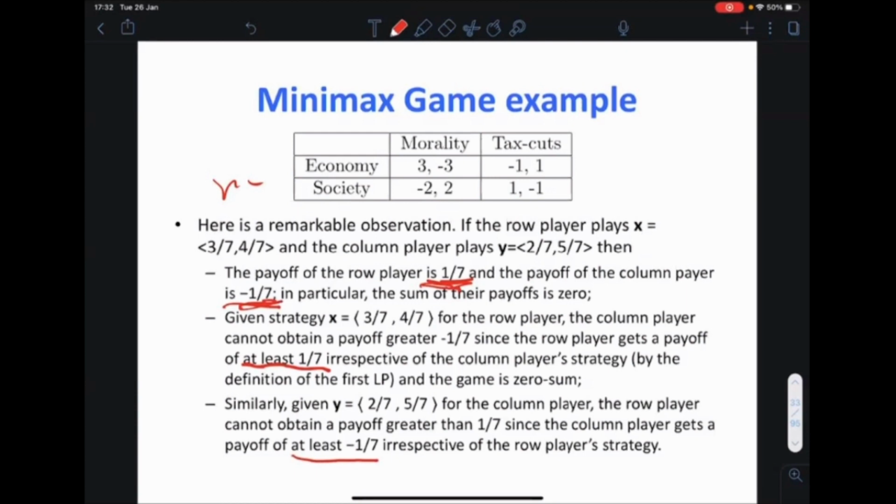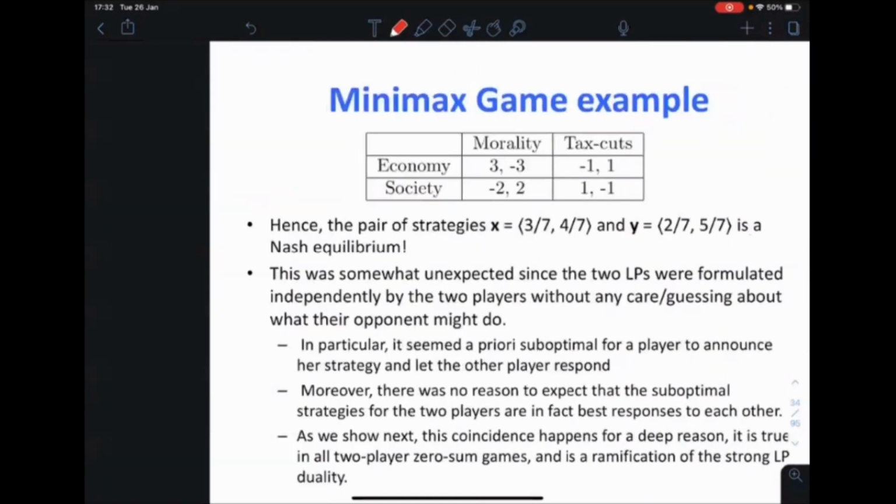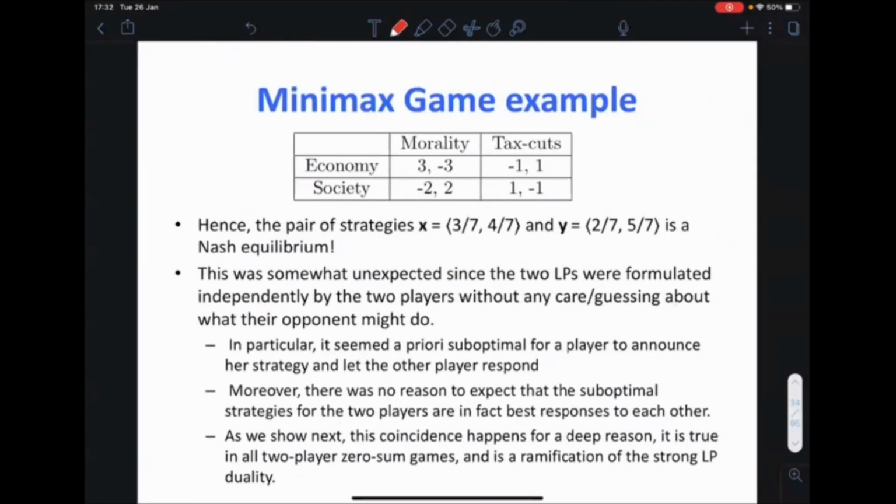So, because it's zero-sum, they're actually added together, right? So then you can immediately guess that maybe these are best responses to each other, isn't it? But it's different from the Nash equilibrium because we didn't really start with the Nash equilibrium.